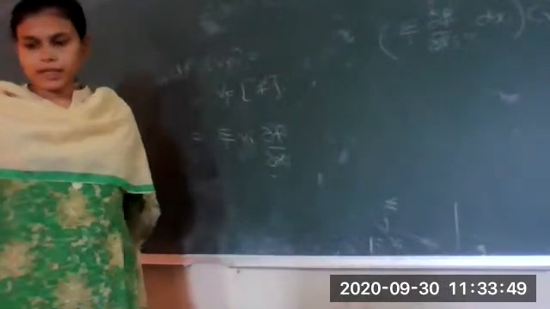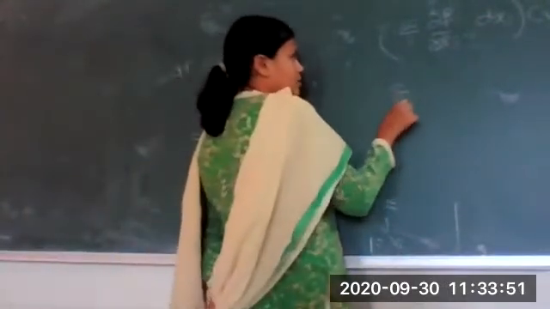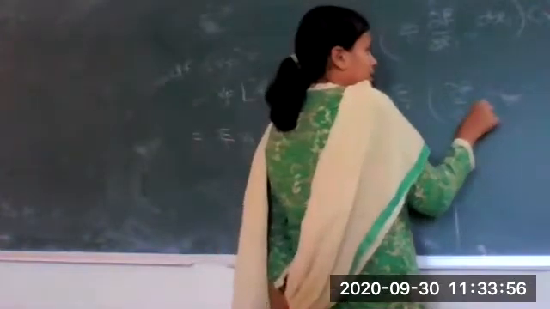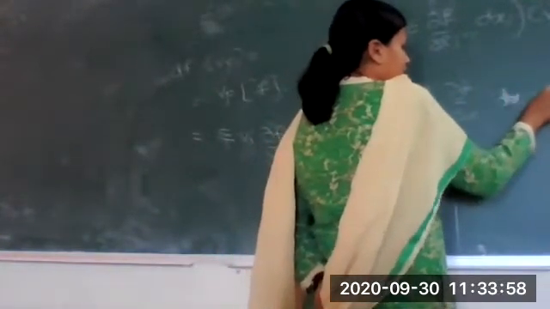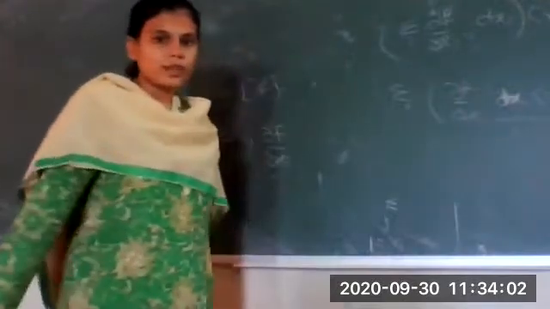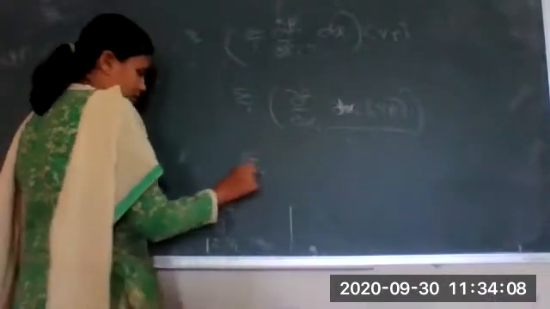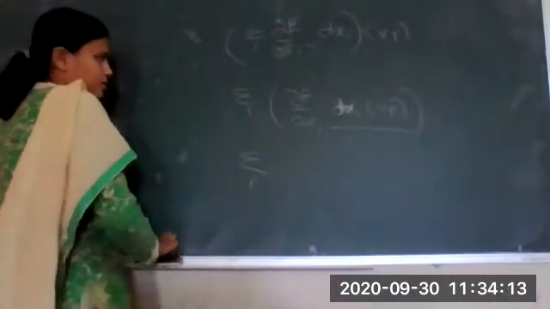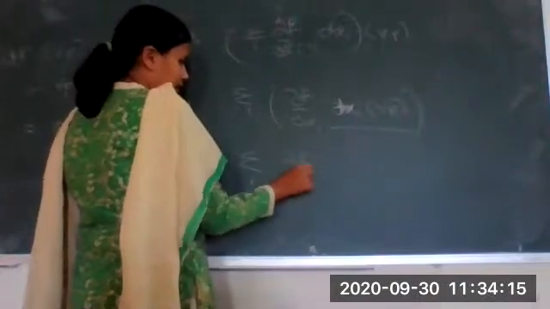So how are you going to apply this? If we keep the summation over i outside, what remains? Dou f by dou xi dxi vp. Again we know what dxi vp is. Just now we have evaluated dxi vp. Let us write down the summation as it is, so we have dou f by dou xi as it is.